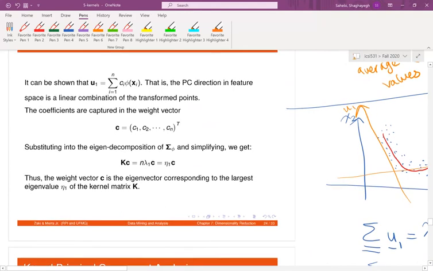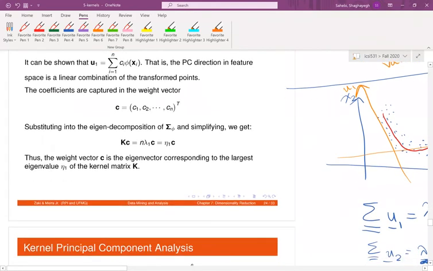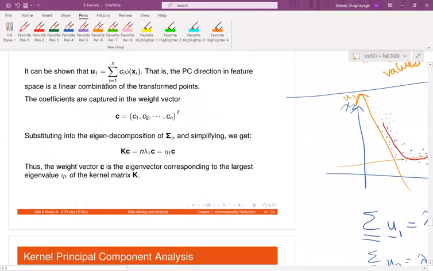And with some algebra, we concluded that our first principal direction is a linear combination of our data points in the new feature space with ci's as the weights or coefficients.